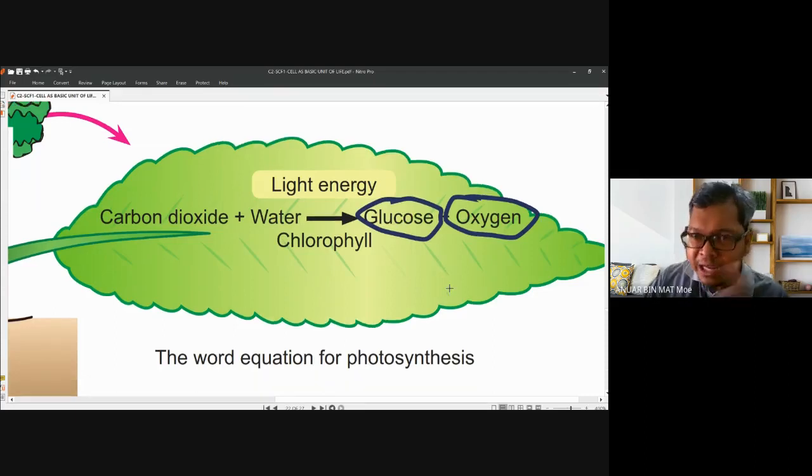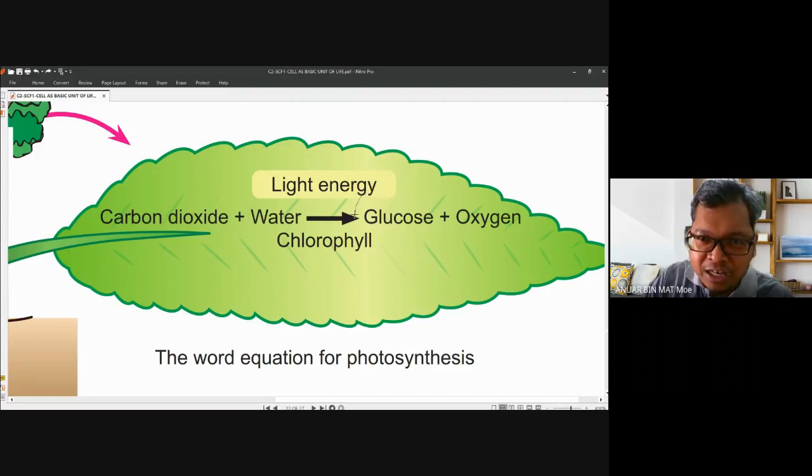All right, you still remember what is the requirement for respiration? Cell respiration requires what? Just now I explained to you. Respiration needs glucose and oxygen. That is the difference.